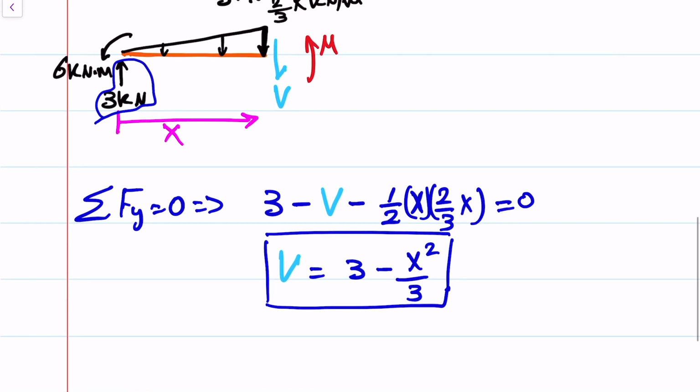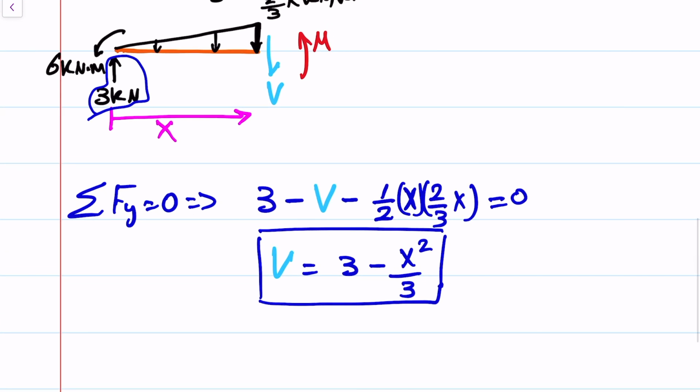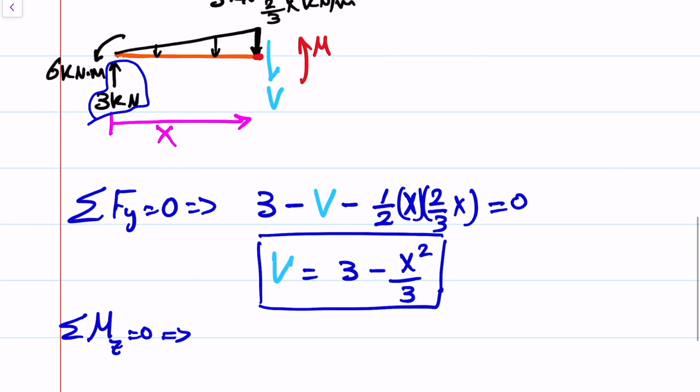Okay, now the time for the moment. Summation moment about z is equal to 0, and take the moment about this point, the cut point.